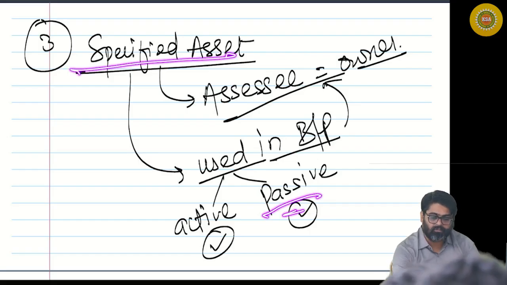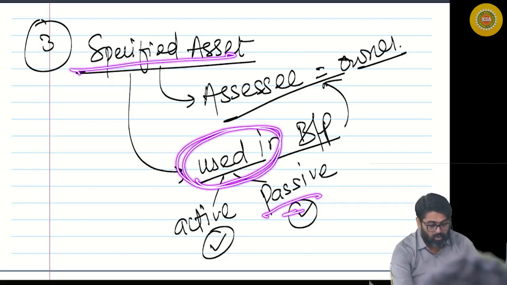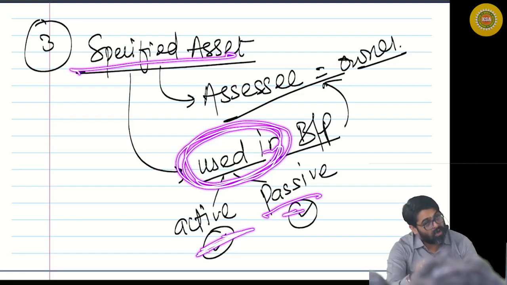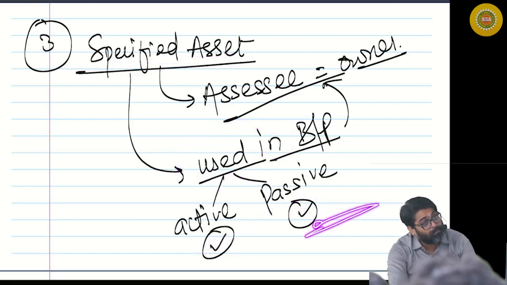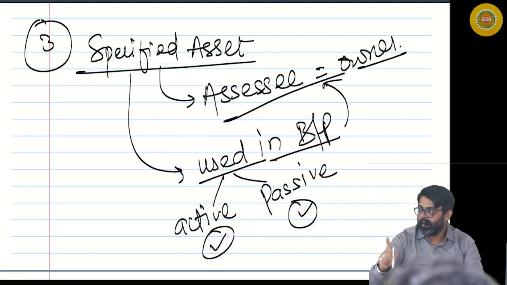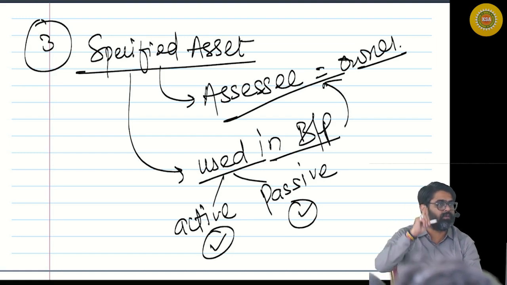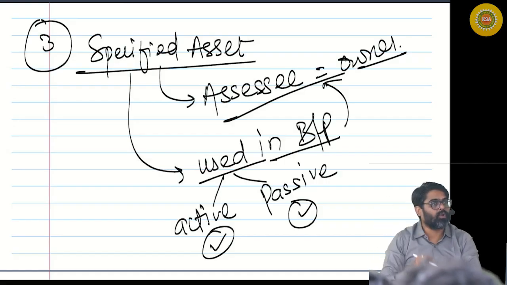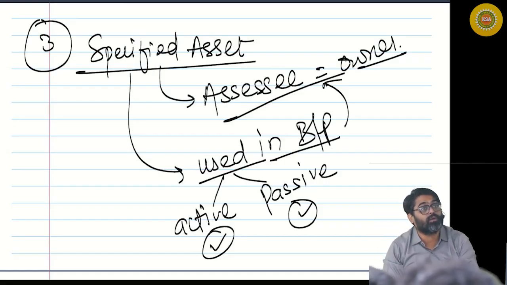So the asset must be used. Actually used. If not actually, then they are kept ready for their intended use. As and when the need will arise, they are ready for their use in the business. They will immediately be put to use in the business. Yes or no?